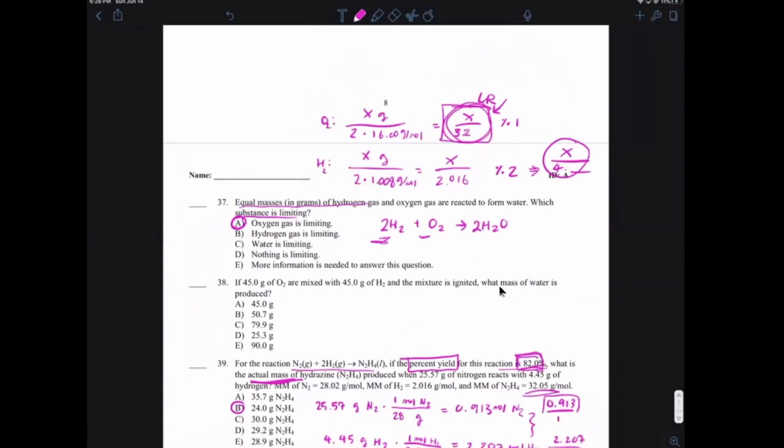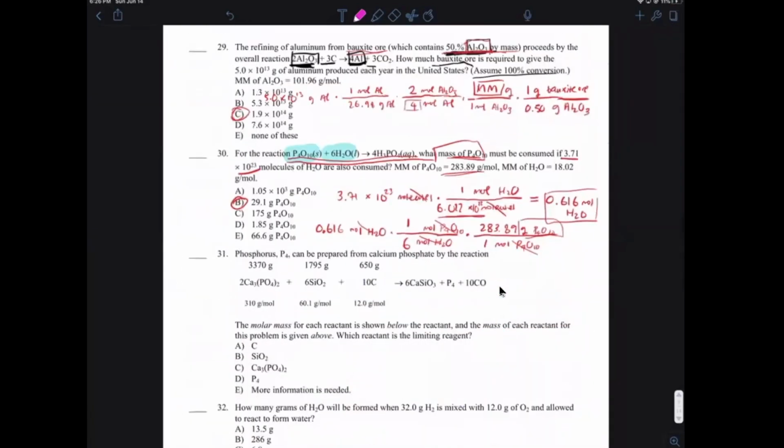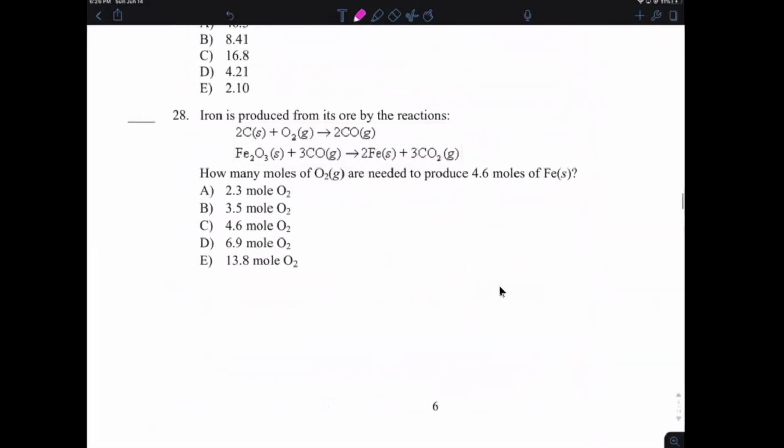Oh, and number 28. Okay. All right, so iron is produced from its ore by this reaction. And it's asking how many moles of O2 are needed to produce 4.6 moles of Fe. Okay. So we start out with 4.6 moles Fe.